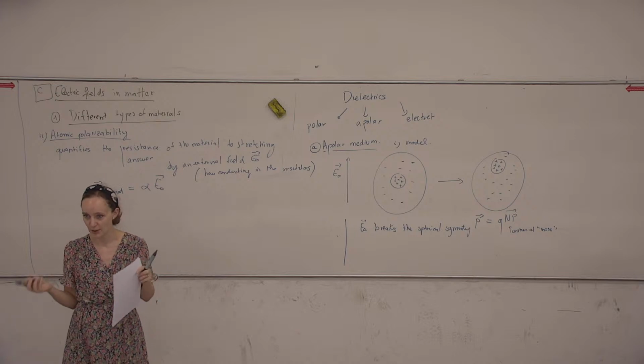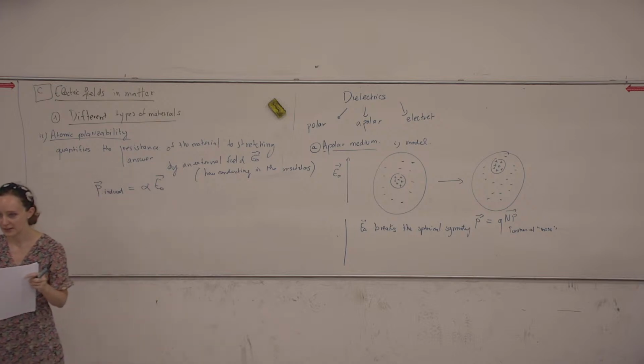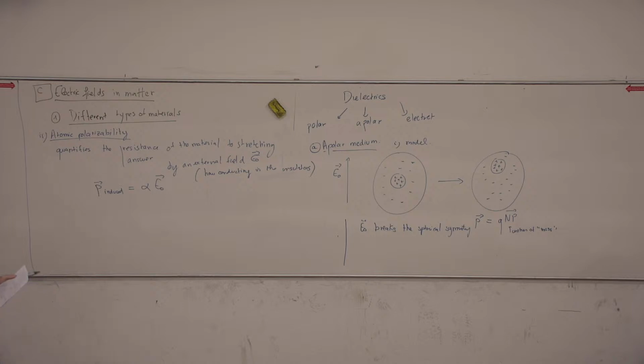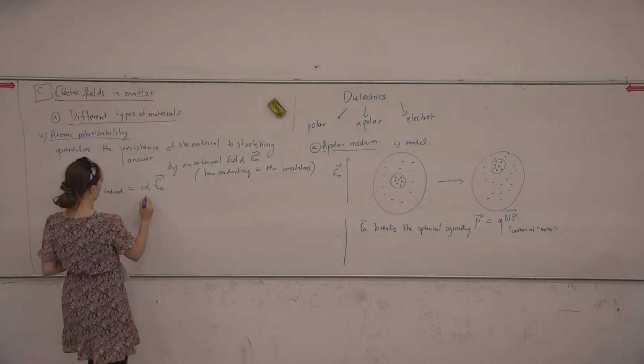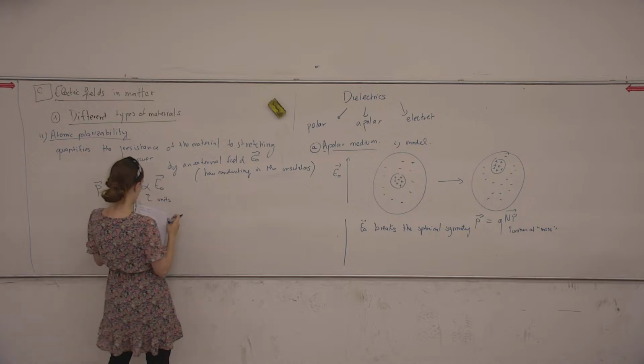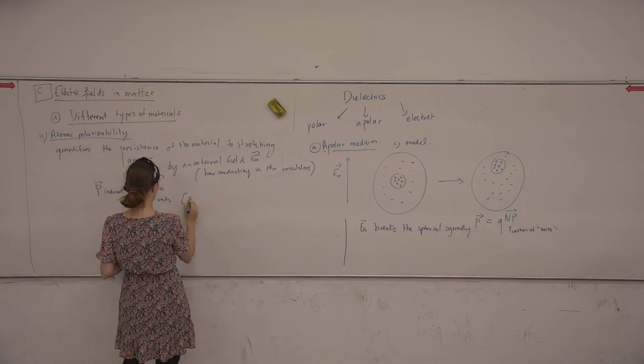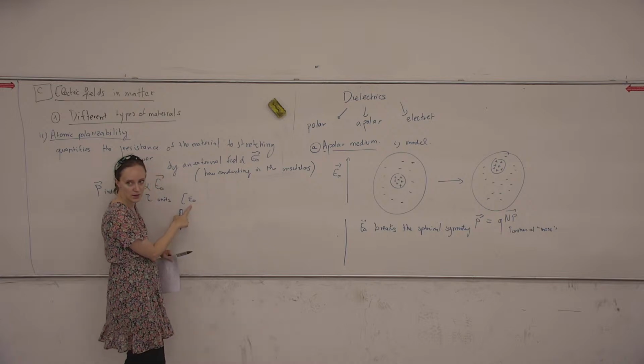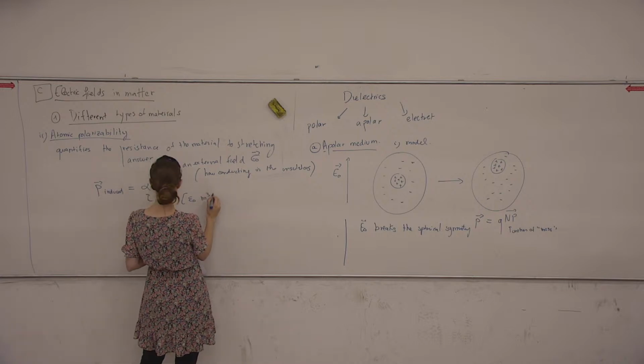This is a very simplistic model, but if you change the temperature, the polarizability of your material will change. You can check that the units of this are epsilon 0 times meters cubed.